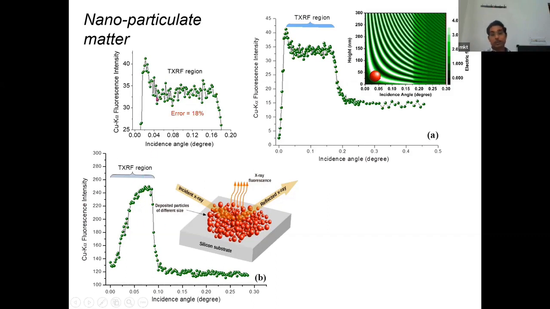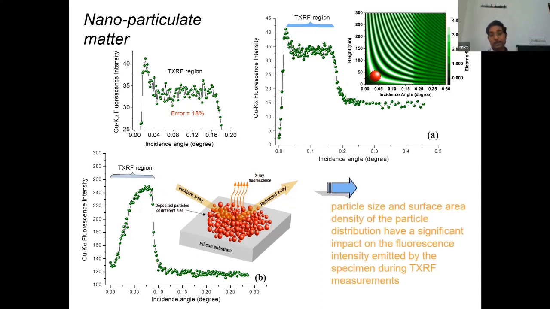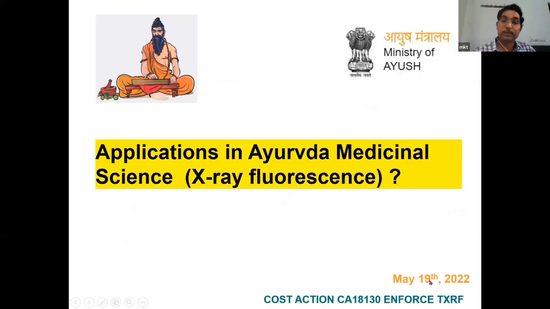So now you will not see any particle size effect because it is showing bulk type of behavior, but the absorption factor is also very important. Some of the particles are in nanoform, so we have a large variation in intensity and also absorption. So one should be very careful. Particle size, surface area, and particle distribution have a significant effect on intensity, especially in the TXRF region.